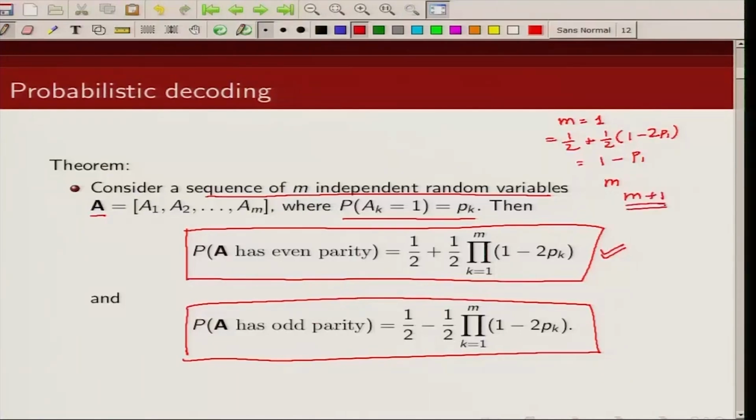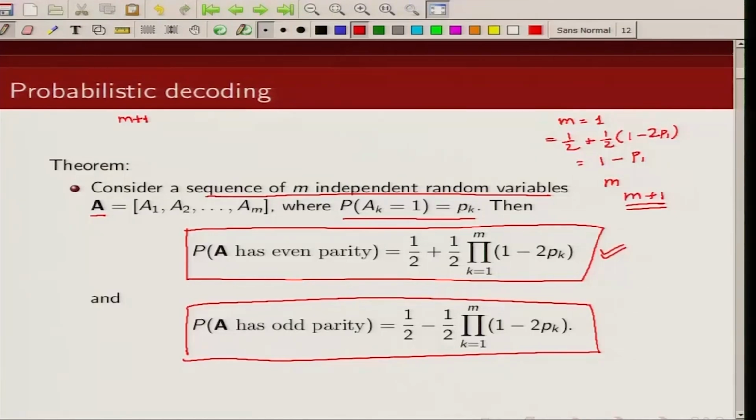Now, if it holds for m, to show that it holds for m plus 1, we have to find the probability that a sequence of m plus 1 independent random variables has even parity. When will the m plus 1 independent random variables have even parity?